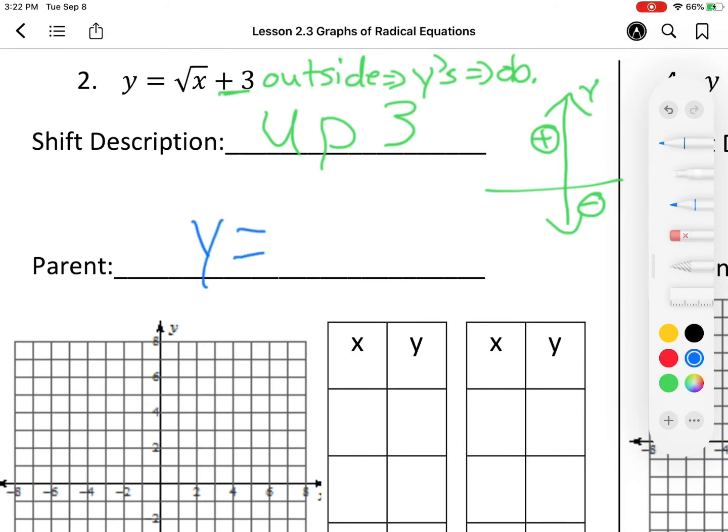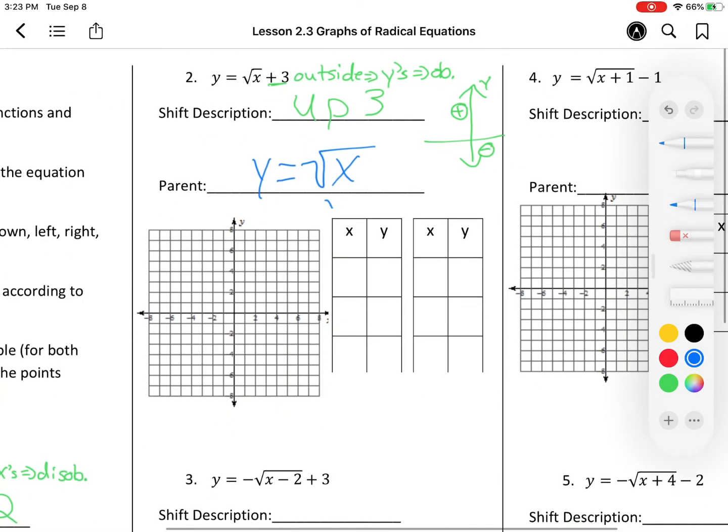As always, parent function, y equals square root of x. Same x value, same y values every time. I do want to warn you, if you go to another teacher during this lesson, aka during Monday or Tuesday, they may teach you different.